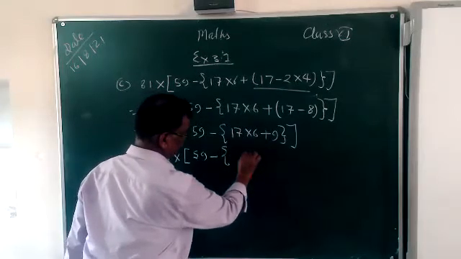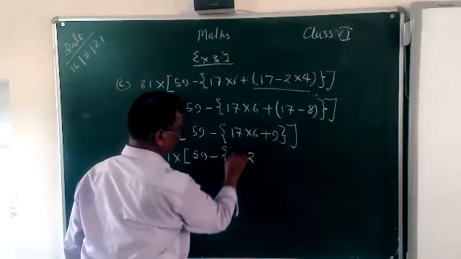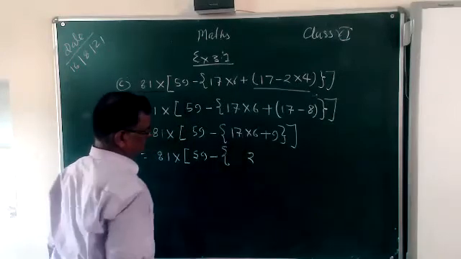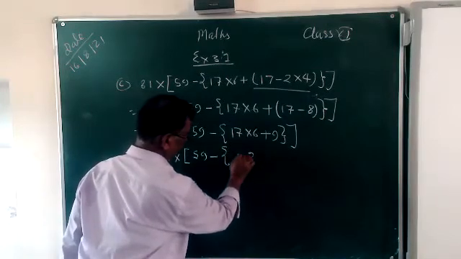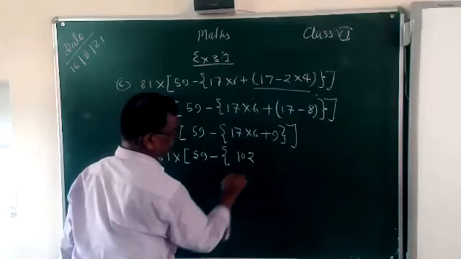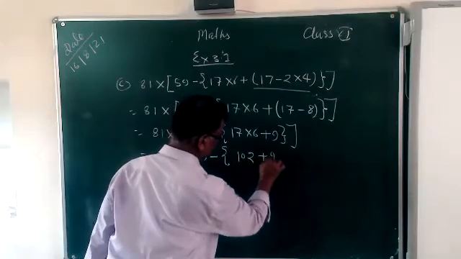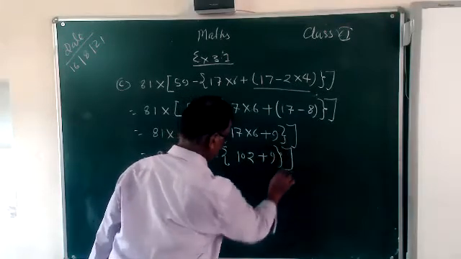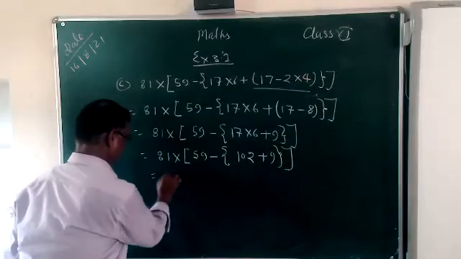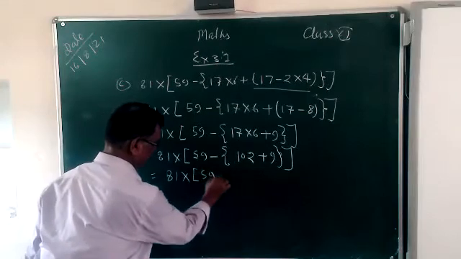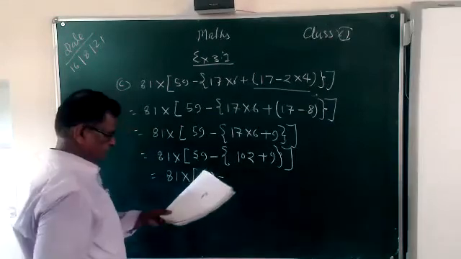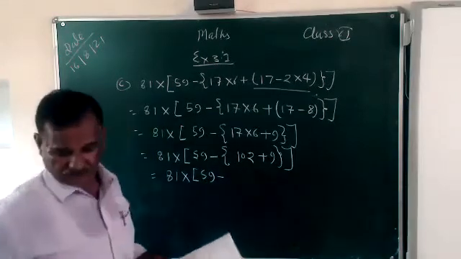Here is 42 and then 6 1 ja 6 and 4. That is 102 plus 9, curly bracket and square bracket close. 81 into 59 minus 111.